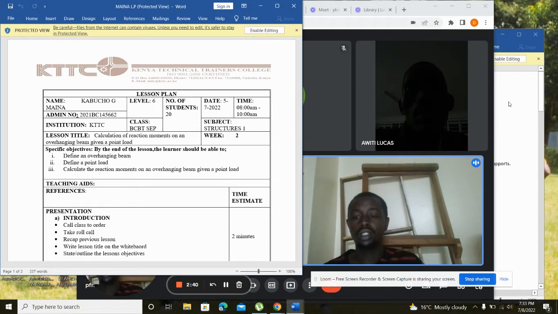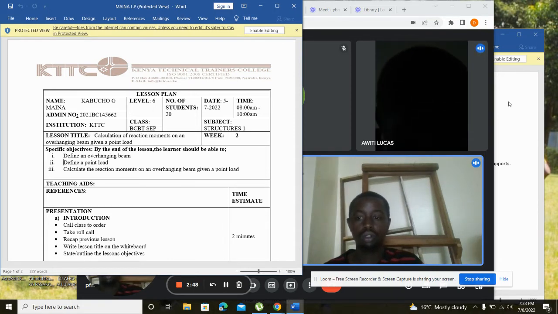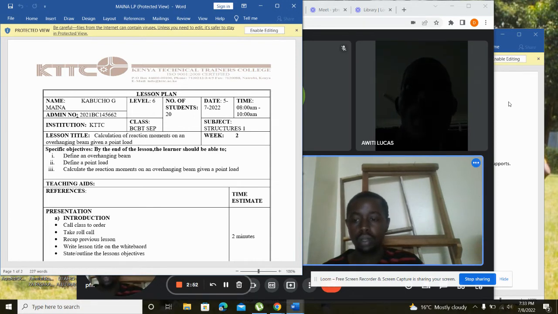Before we proceed, I'm going to state our objectives very clearly. By the end of the lesson, you should be able to define what an overhanging beam is. Number two, define a point load. And number three, calculate the reaction moment on an overhanging beam given a point load.